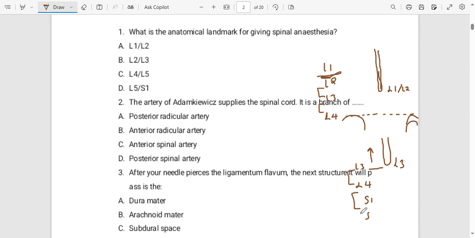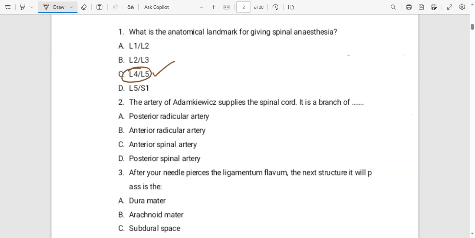You don't use those because mostly the intervertebral disc is strong, strongly held. So the needle will find it very hard to pass when you're trying to push it. That's why in adults, the best you can use is L2, L3, or L3, L4. In children, it is L3, L4. So that's why that is going to end up being the best.